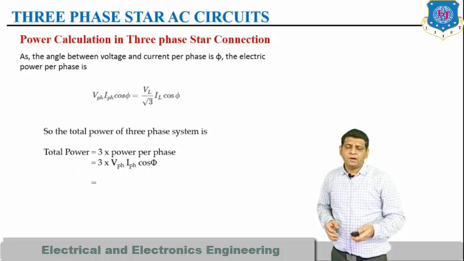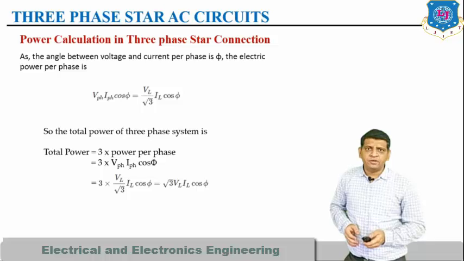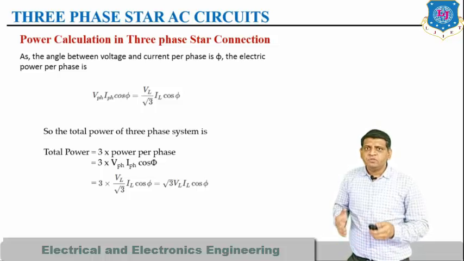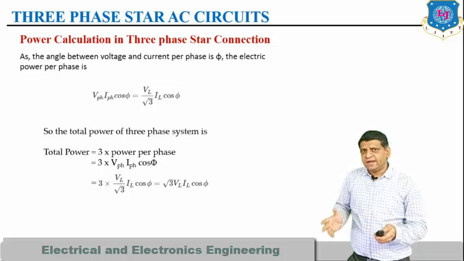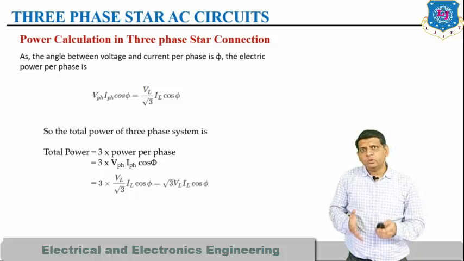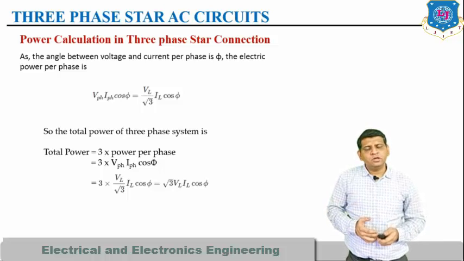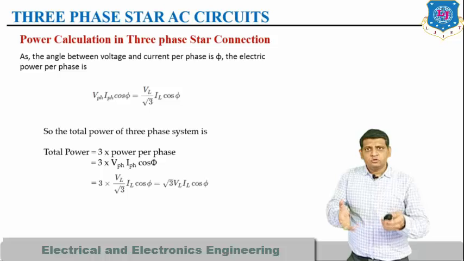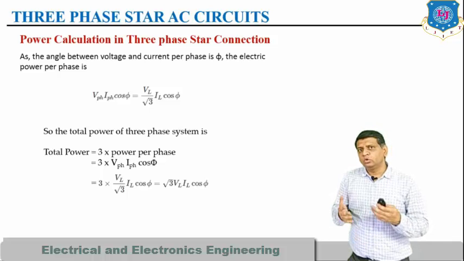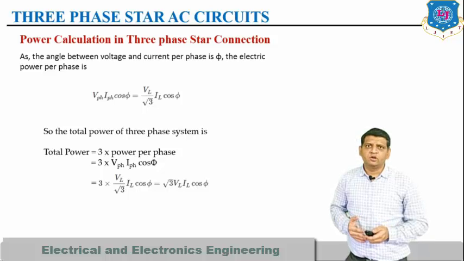So for real power, the total power of the 3 phase is 3 times the power per phase, that is 3 EPH into IPH cos phi, and that gives total power P equal to 3 into VL by root 3 into IL into cos phi. Why? Because EPH is equal to VL by root 3 and IPH is equal to IL. So from this you can find that the total power of this star connection is root 3 times VL IL cos phi.